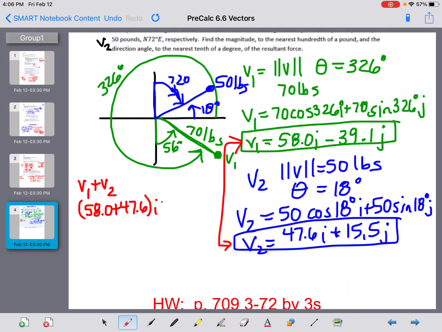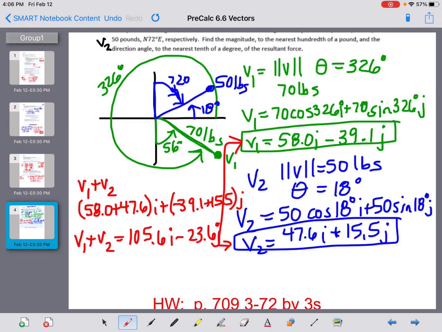That's my I. And then I take my vertical components of negative 39.1 plus the 15.5. And that's my J. So my resultant ends up being 105.6 I minus 23.6 J.